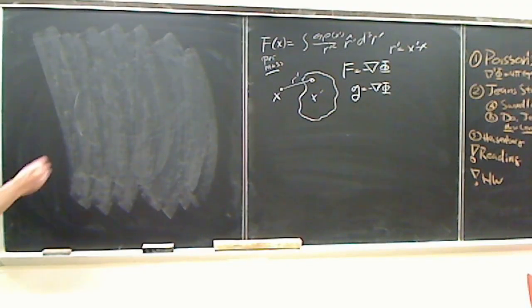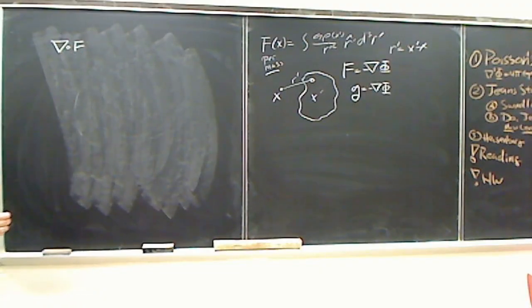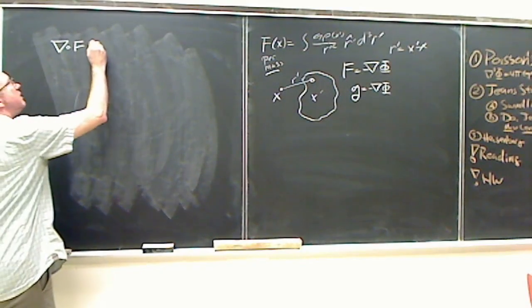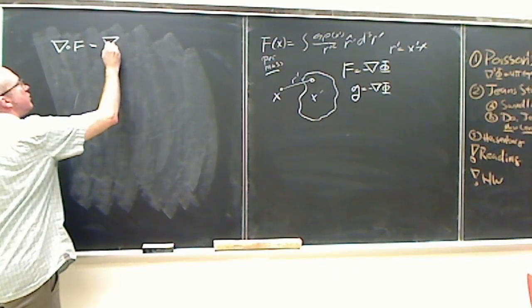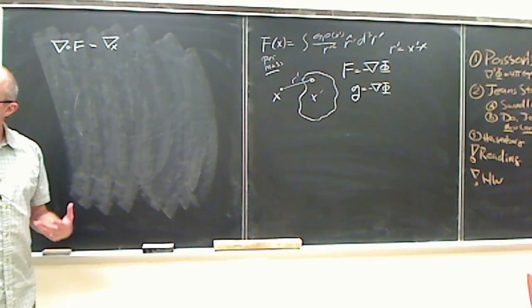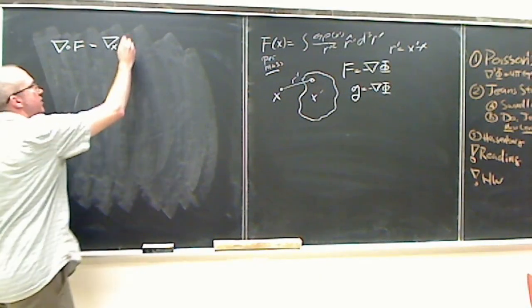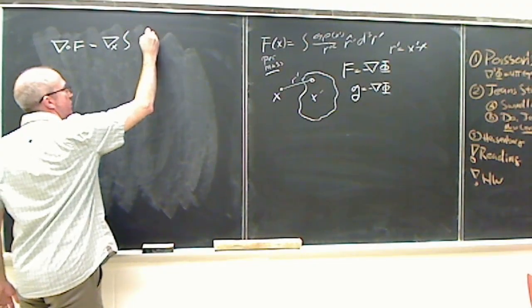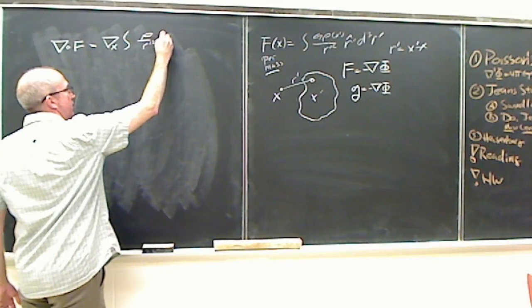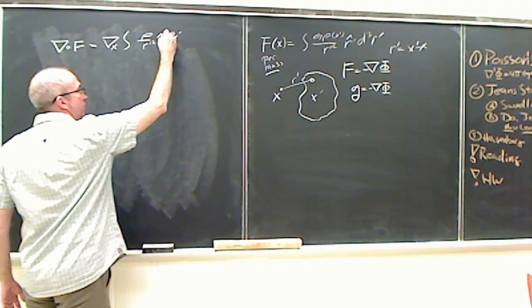So what happens if I take div of F? The divergence of force is equal to the gradient with respect to x. Now I've got an x and an x prime, so I've got to be careful with my gradient. So this is a gradient with respect to x of the integral of rho over r squared r hat d cubed x prime. Everybody's prime.